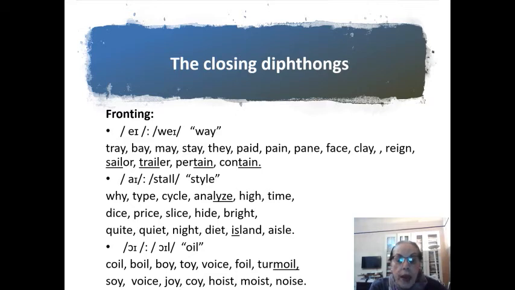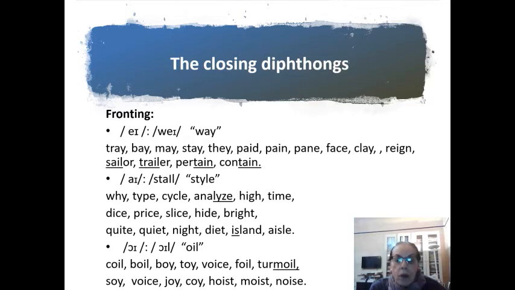They tray, may, paid, pain, face, وجي زي y, type, cycle, analyze, eyes, time, quite بتتكتب بطريقتين إنما هي بتتنطق نطق واحد. وبعدين عندنا coil وboy وtoy وfoil.